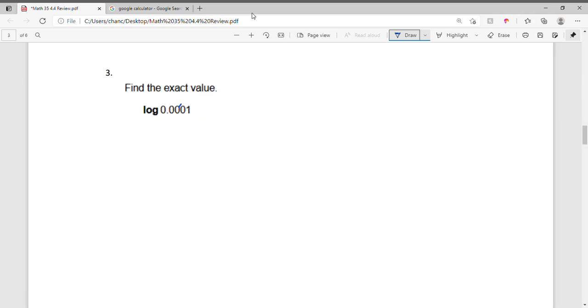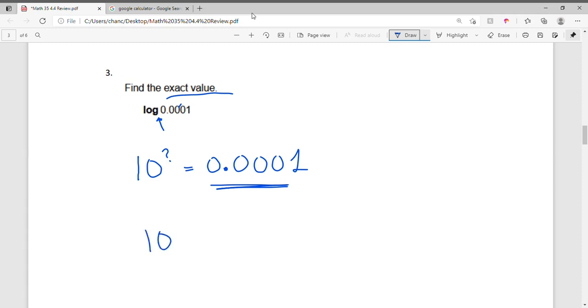Question 3, find the exact value again. Notice we don't have a base, so let's assume it's base 10. So we're asking the question, 10 to what power gives me 0.0001? Now notice that this number is less than 1, so that means this exponent must be negative.